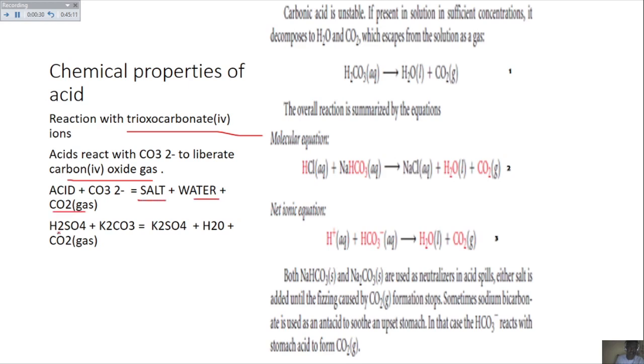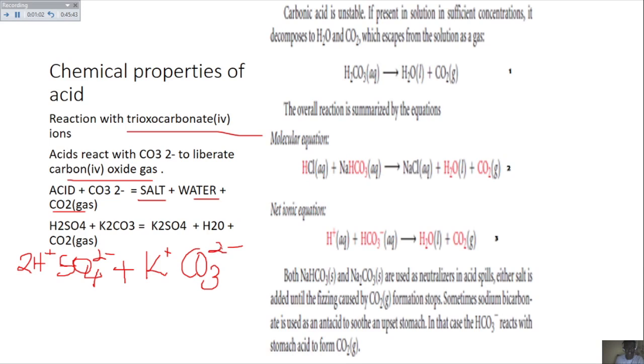And the example we're picking here is H2SO4, 2 molecules of this, and we have SO4 2 minus. Then this is the salt from trioxocarbonate(IV) ions, then CO3 2 minus.